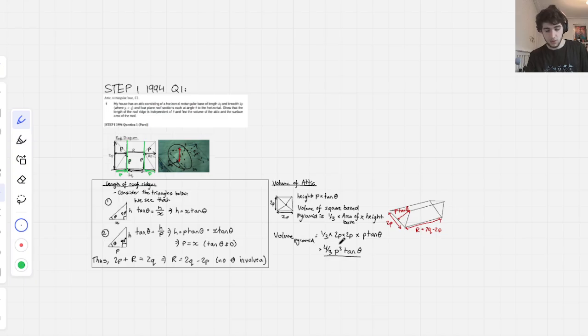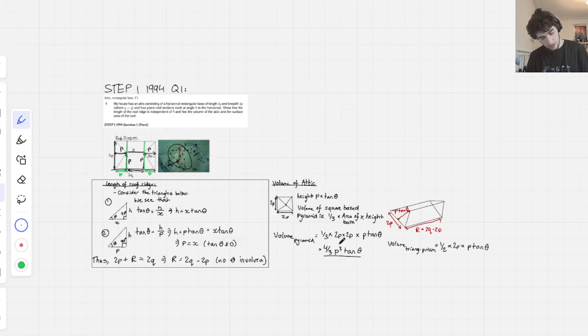And so from that, we can now calculate the volume. So we have the volume of the triangular prism, which is equal to the area of the triangles on the end, so a half times base times height, so times 2p times p tan theta.